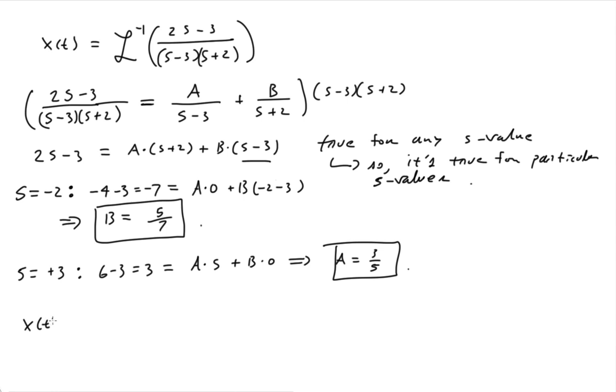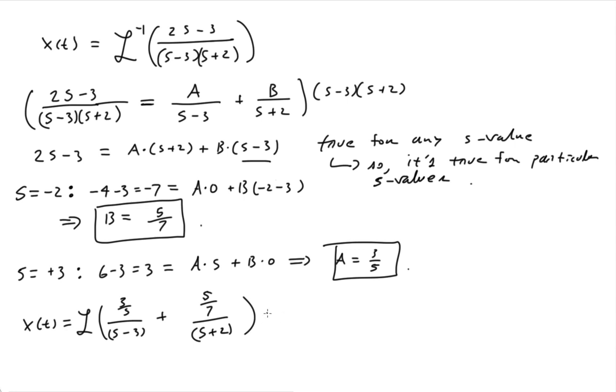So now let's put this all together. My x of t is equal to the inverse Laplace transform of 3/5 all over s minus 3 plus 5/7, that's a 5 up there, not an s, all over s plus 2.